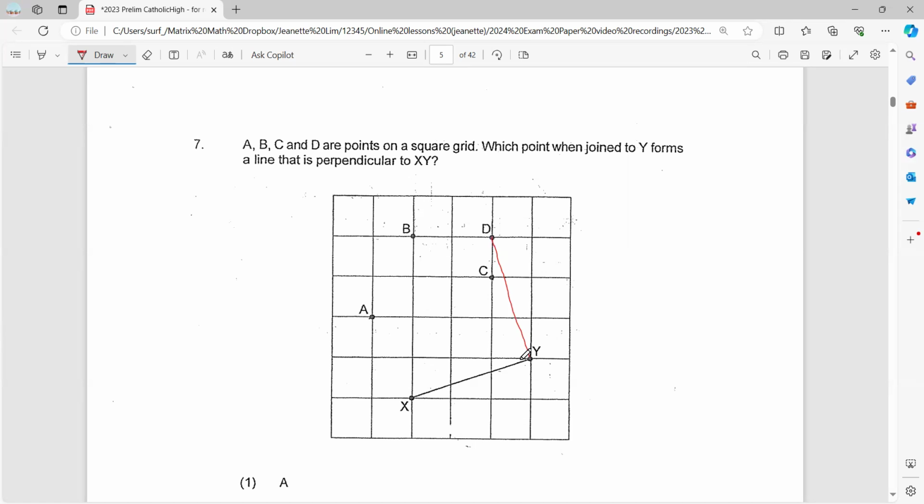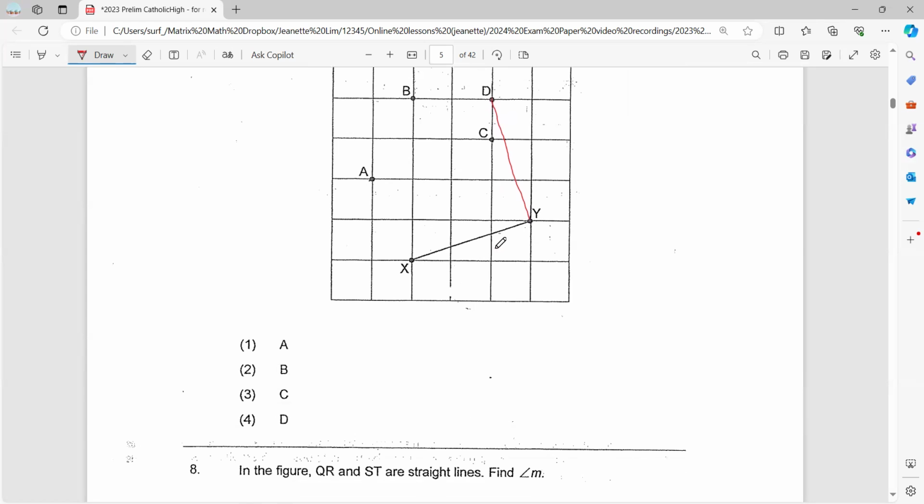So if you can see Y, if you connect to D, at point D is when it sits nicely in the corner of the square. Okay, so YD cuts across 3 squares. The answer is D. For A, if you connect it, it will only sit nicely in a corner of the square 4 squares away.